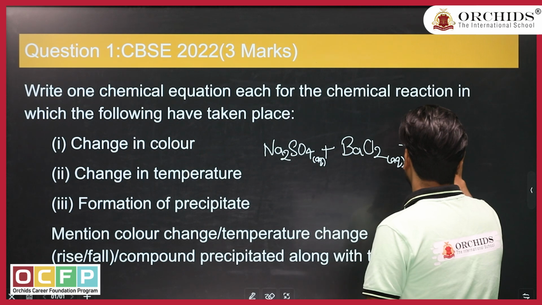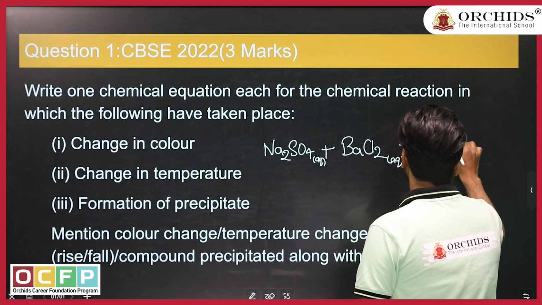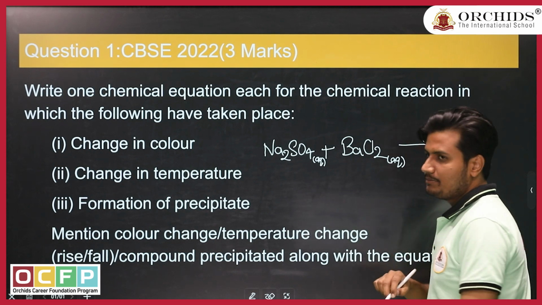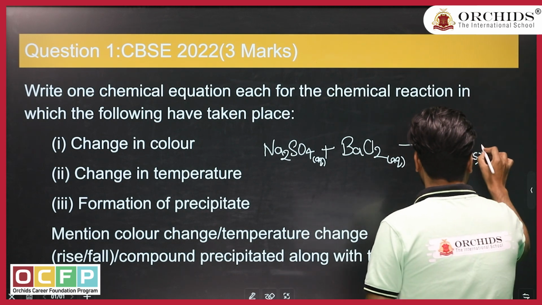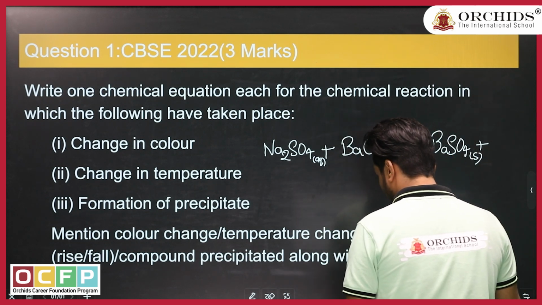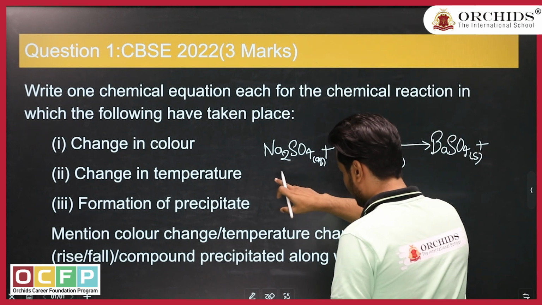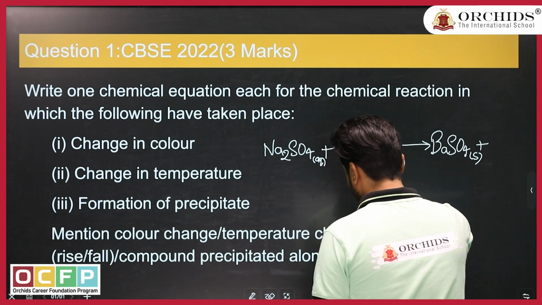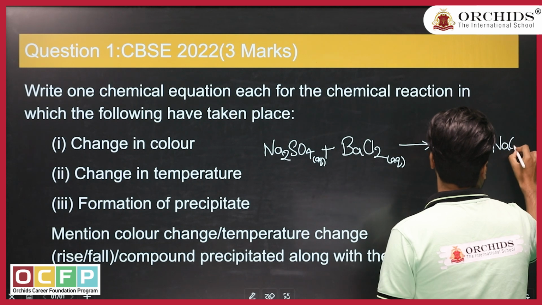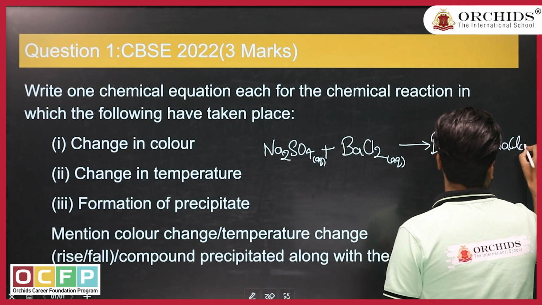They form barium sulfate, that is a precipitate, plus salt NaCl in aqueous form. Na2SO4 plus BaCl2 gives BaSO4 plus NaCl.